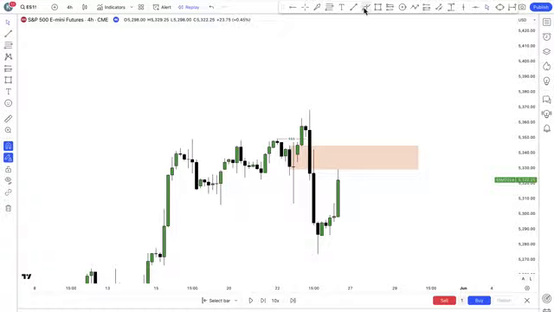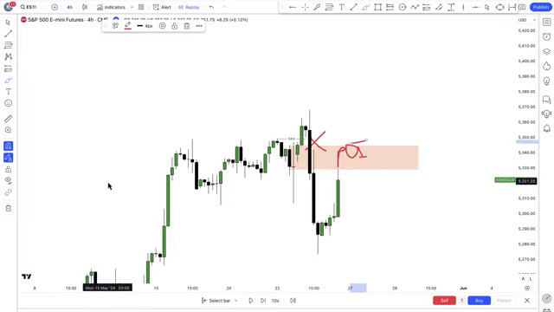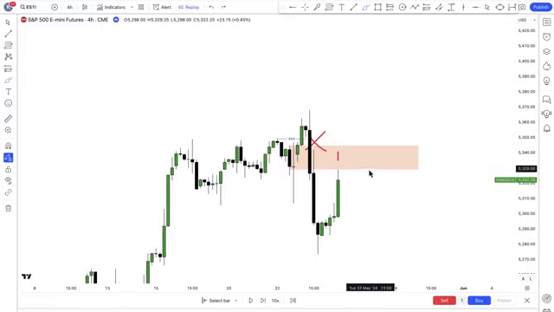So even this fair value gap, we have this thing called confluence. All right, we have them almost close together. I would like to use this area as my POI, so that when I go to the lower time frame, I will look at it as a very, very clear area.